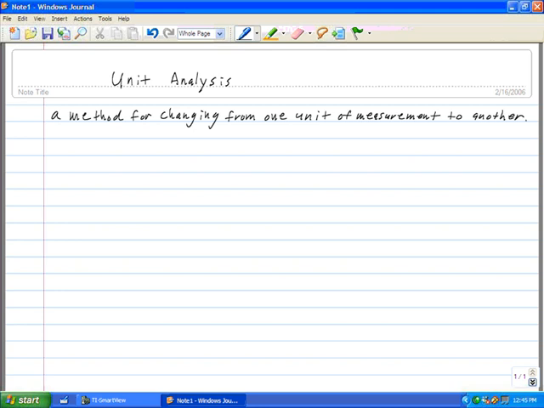Now, with unit analysis or dimensional analysis, there's a couple basic mathematical principles that are in use. First of all, the principle of cross-cancellation during a multiplication problem involving fractions. If I have, say, 3/5 being multiplied by 2/3, in a multiplication problem of this type, we can cross-cancel.